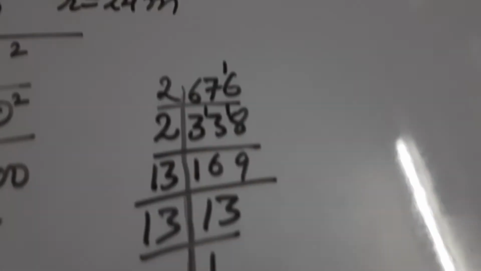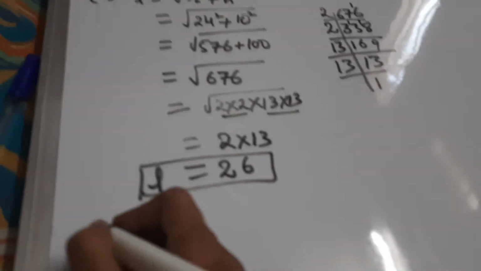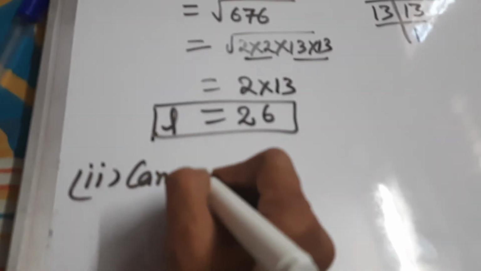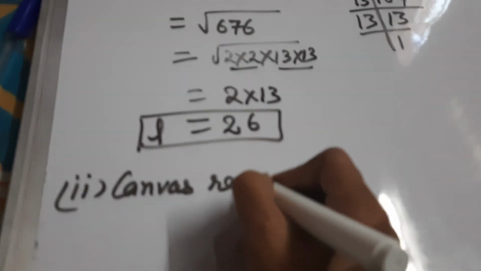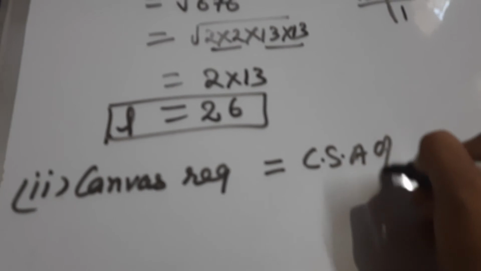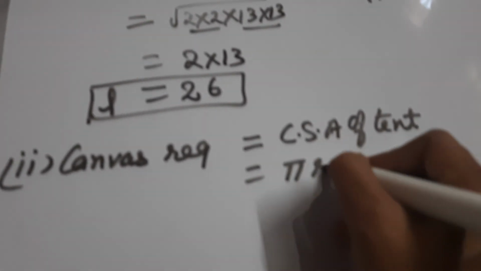Now we need to find out the cost of the tent, but before that we need to find out the canvas required for the tent. So canvas is required only for curved surface area. Canvas required is equal to curved surface area of tent. So let us find out, that is pi r l.